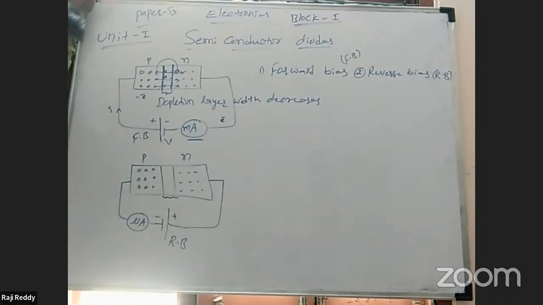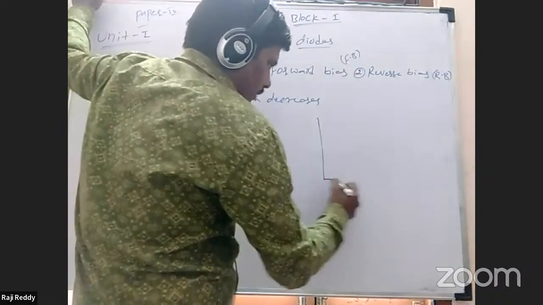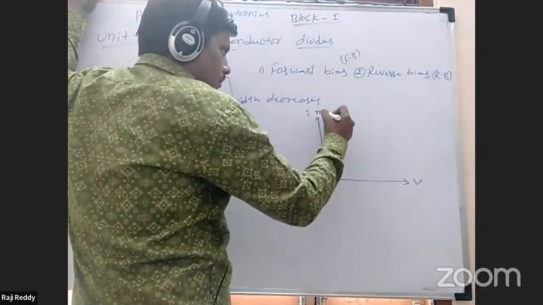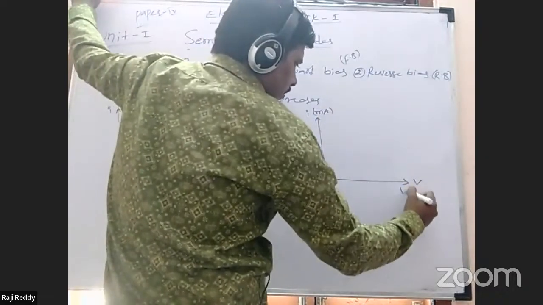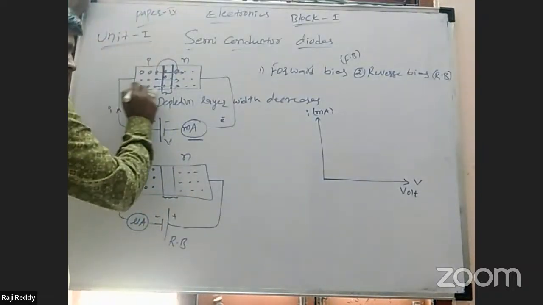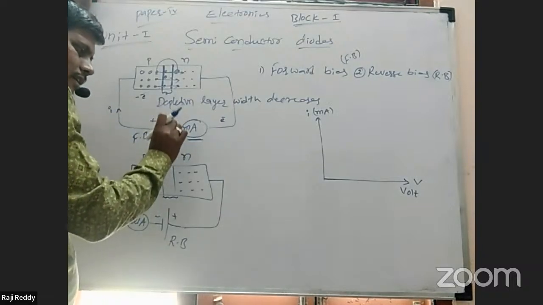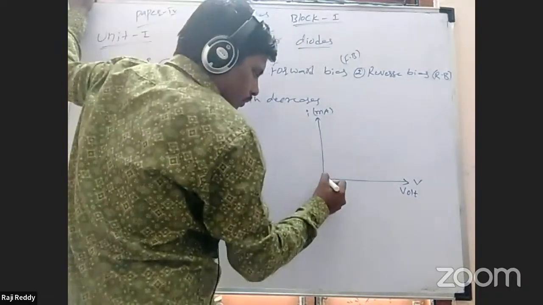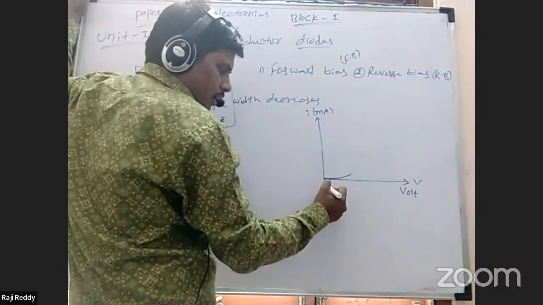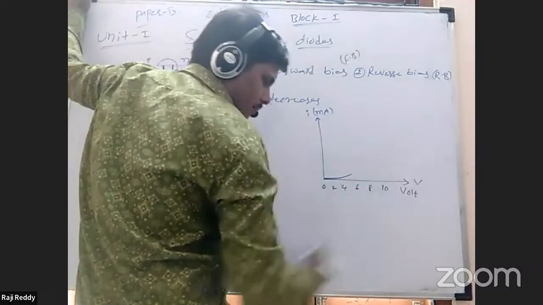Now we have to express the voltage versus current graph. For example, take voltage on the x-axis and current on the y-axis, current measured in milliamperes and voltage in volts. Up to a certain applied voltage, there are no changes in the ammeter reading, almost zero current, for example 2 volt, 4, 6, 8, 10 and so on.